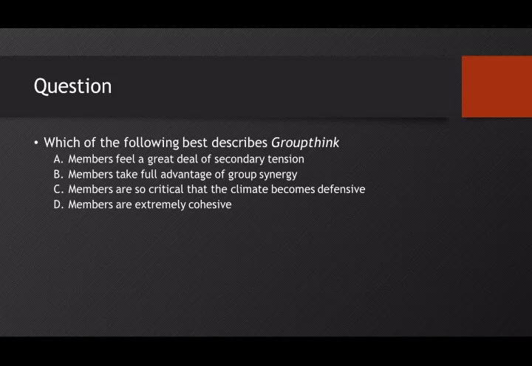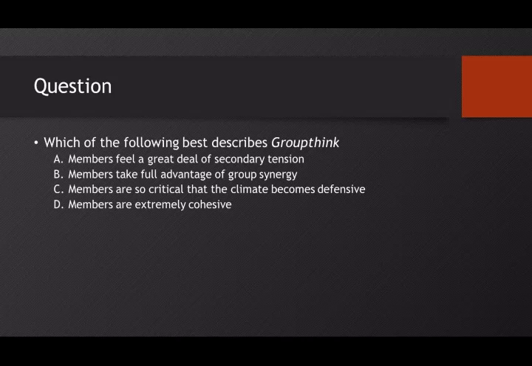Now, I just talked about the benefits of cohesiveness a moment ago, but there is a level to which cohesiveness becomes too much, and it can actually be negative for the group. That's when this idea of groupthink occurs. Essentially, when group members are too cohesive, they lack the ability to question each other's thoughts and mindsets.